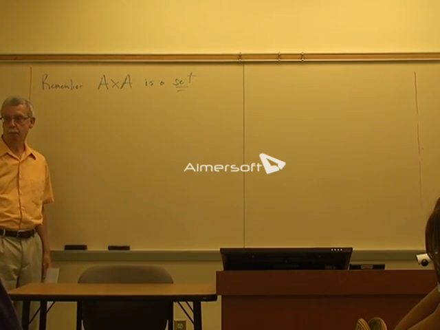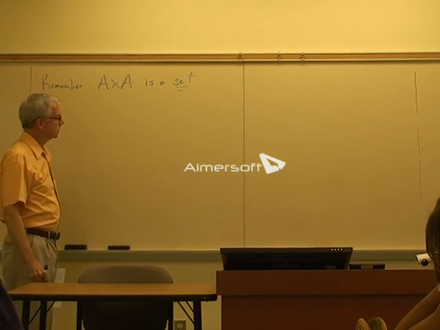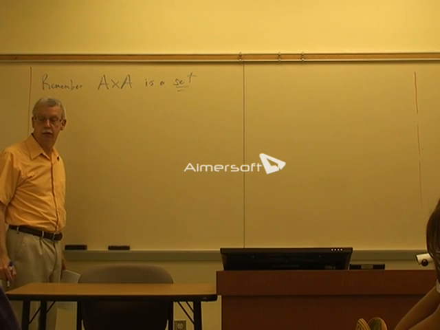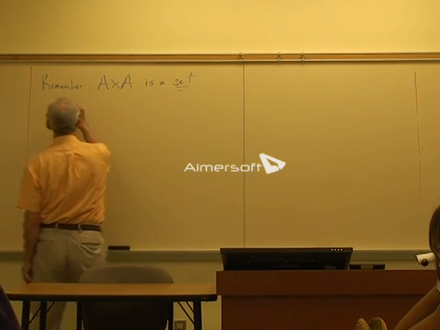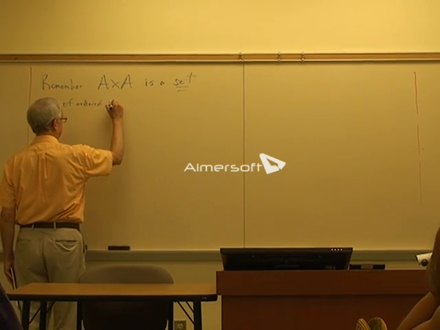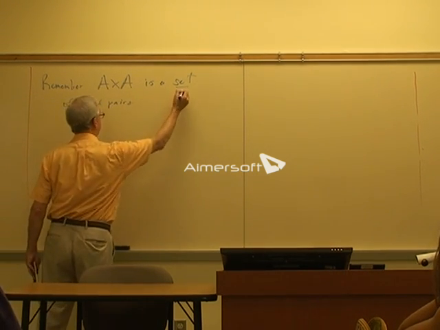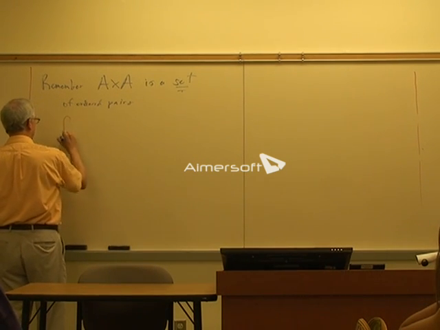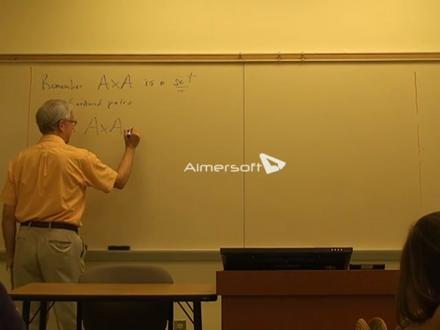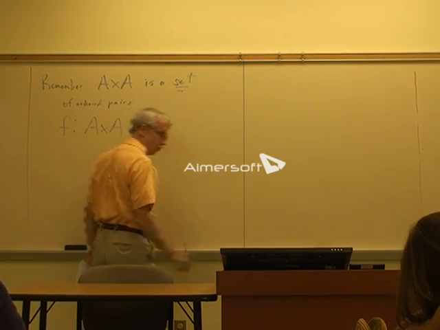Set of what? Coordinates. Almost, formally, set of ordered pairs. Well, we're focusing on the set thing now, so it's possible to form a map from this set to that set.